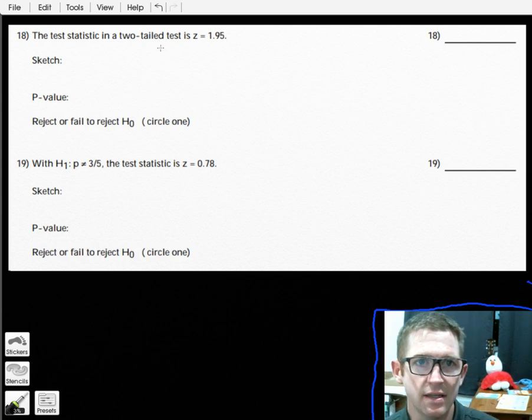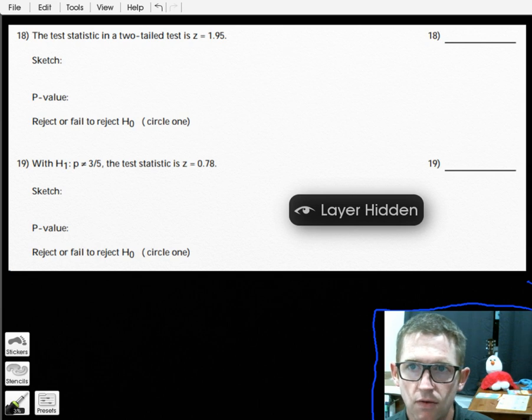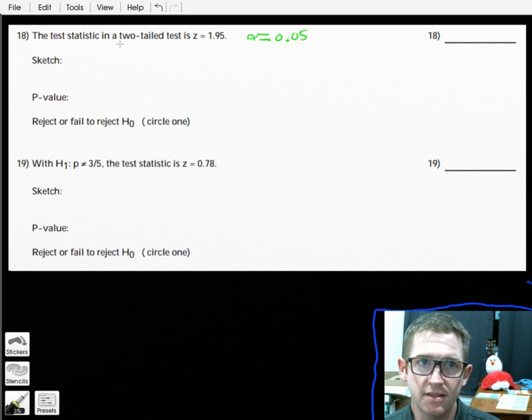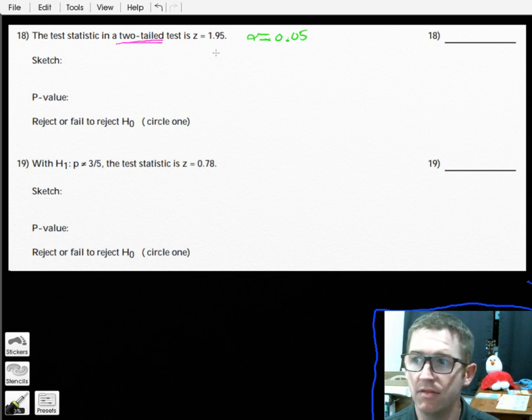The test statistic, again for all of these, the significance level is 0.05 for all of these. The test statistic in a two-tailed test this time, we're told it's a two-tailed test, is 1.95.